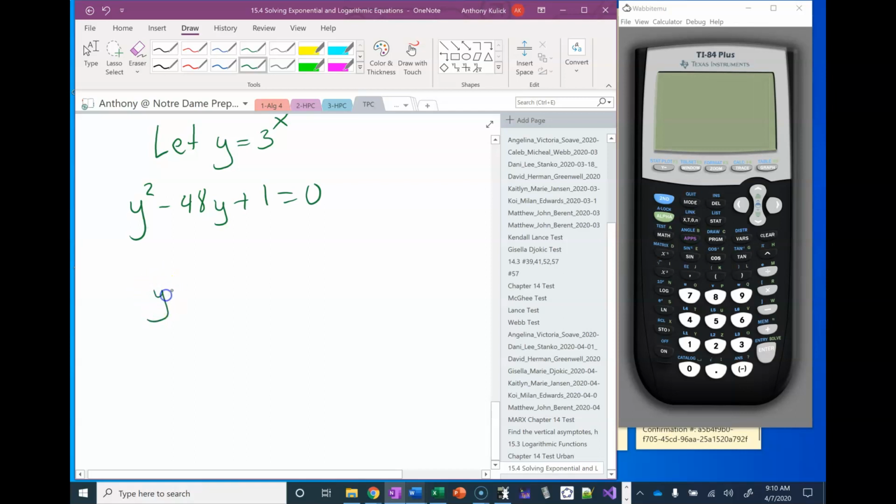So if we apply the quadratic formula, I'm going to get y equals negative b, which is going to be negative of a negative 48, or just positive 48, plus or minus the square root of negative 48 squared minus 4 times 1 times 1 all over 2 times 1.